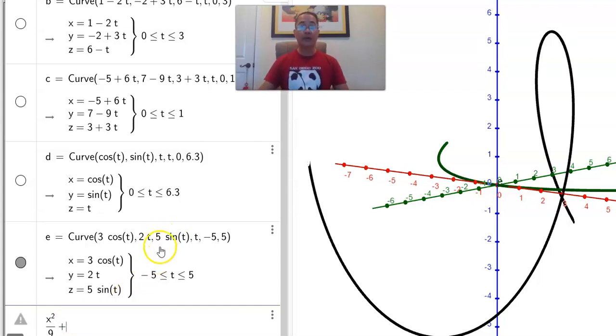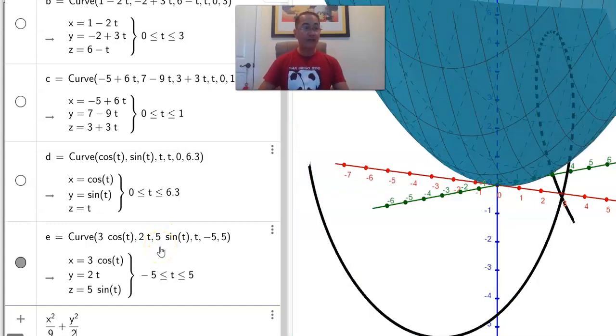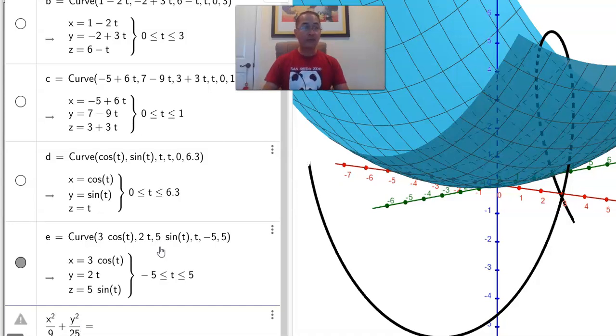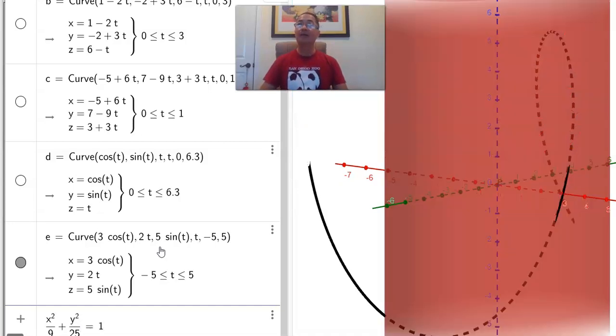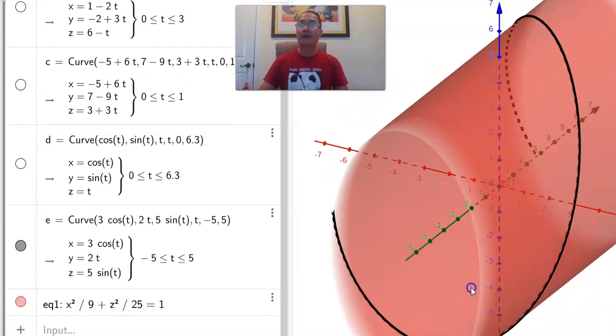Sine is y over 5, so y squared over 25 equals 1. I'm sorry, that's not y. Silly me, that is a z. You're probably laughing at me right now. There you are.